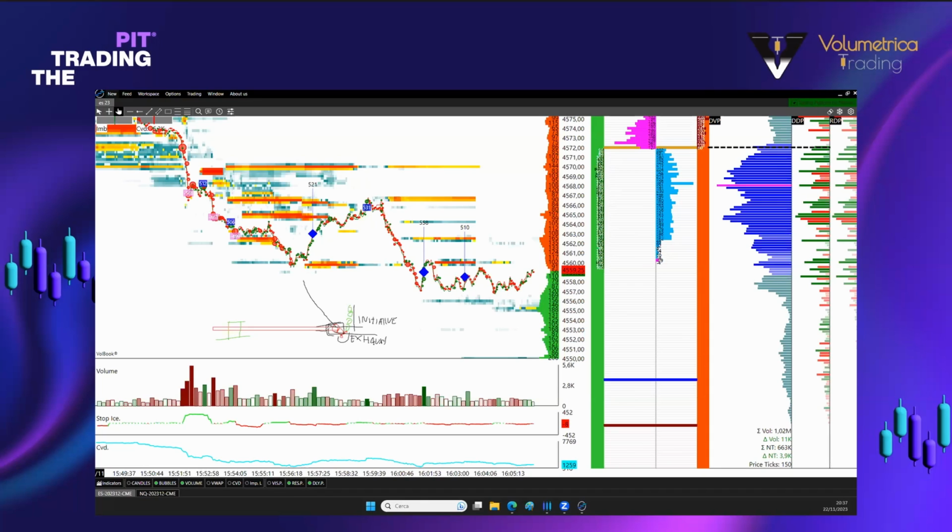So still an absorption, but that's a variation of the normal absorption we have talked about a few minutes ago.